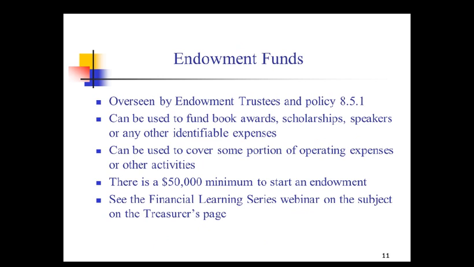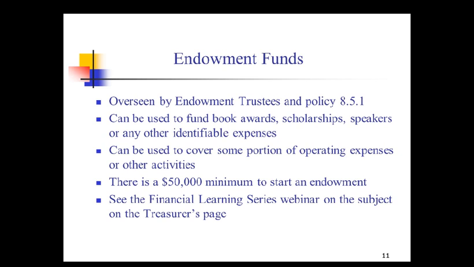So that you can get a broader picture of ALA's financial picture, I want to supplement our discussion thus far, which focused on our operating budget, with a brief overview of endowment funds. ALA's policy 8.5.1 defines the association's endowments, which are overseen by endowment trustees.